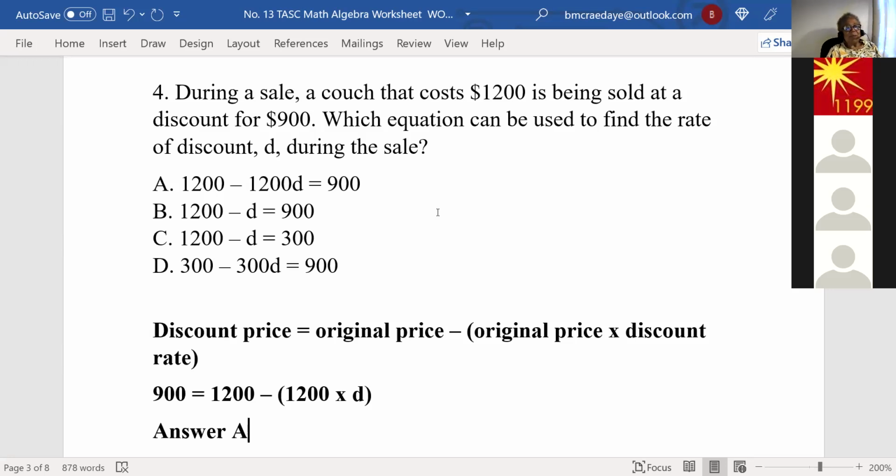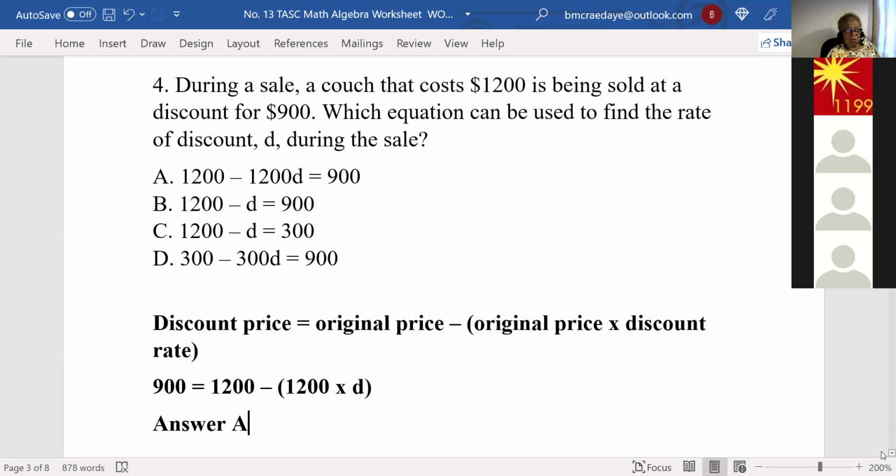Most times they give you the rate, like Macy's or Target will say 25% off the original price. If they didn't give you the original price, you could find it, because if you know your discount price and your rate, you plug those in and solve for the original price.